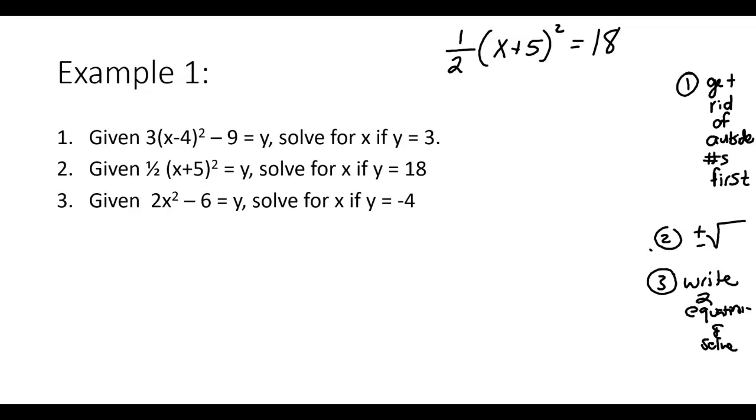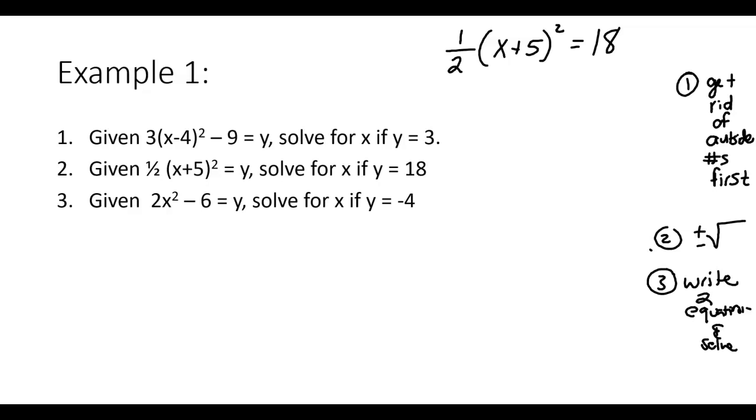Yeah, okay, so now I'm going to ask Michelle the harder question then. Michelle, how do you get rid of the half? You could divide by a half. You could. Now, dividing by fractions is tricky. There's another way to do it. You multiply by the denominator.